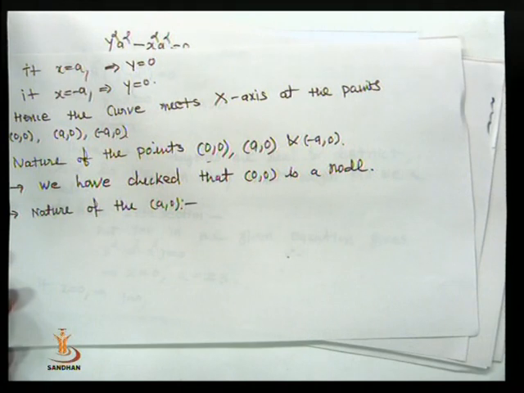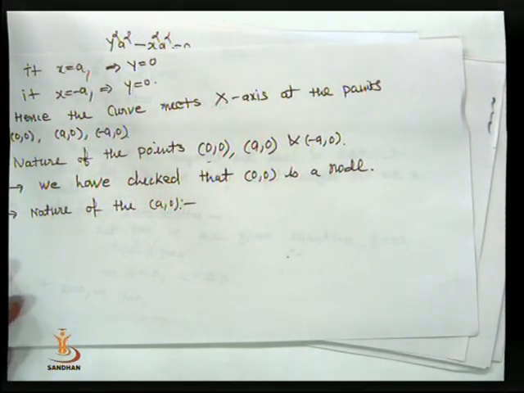To determine the nature of any point, we have to first of all find the tangent at that point. By Newton's method, we can find the tangent at origin. Here we have to shift the origin to this point.